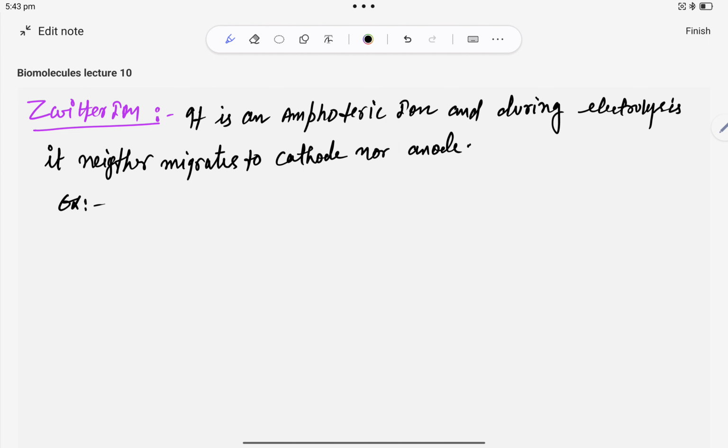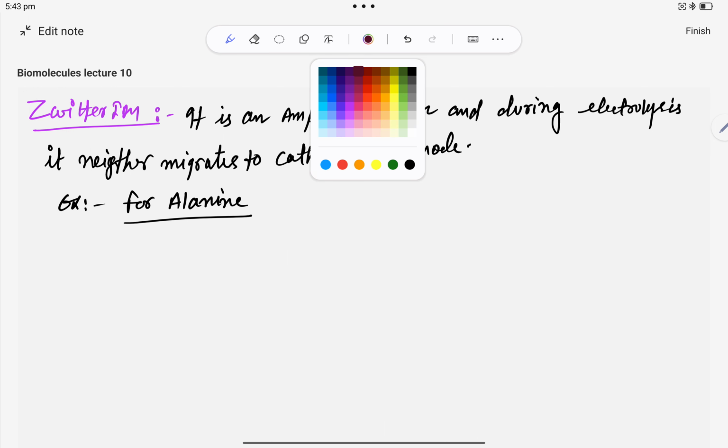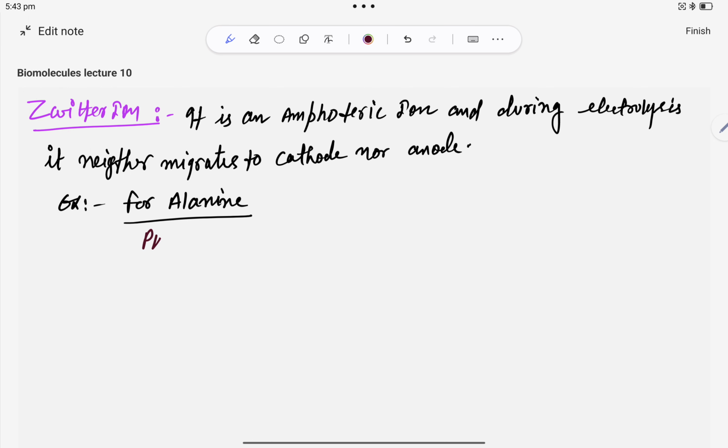Example for alanine. For alanine, pK1 value is 2.34 and pK2 value is 9.64. Then find the isoelectric point, pI.